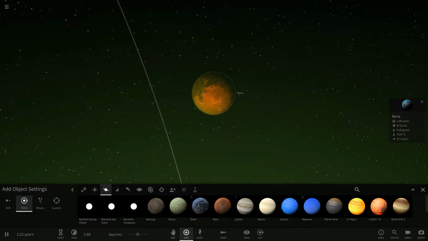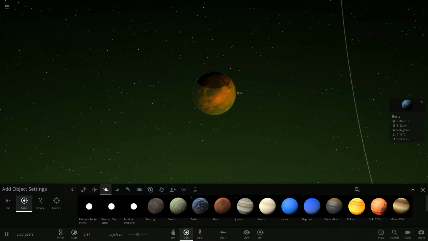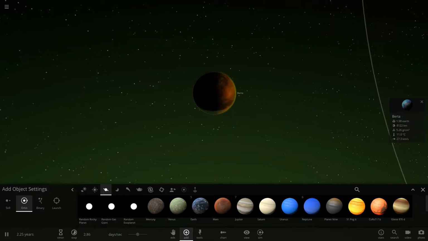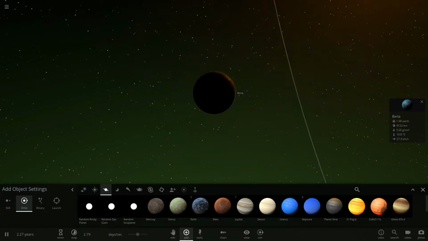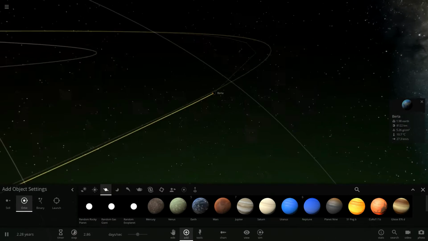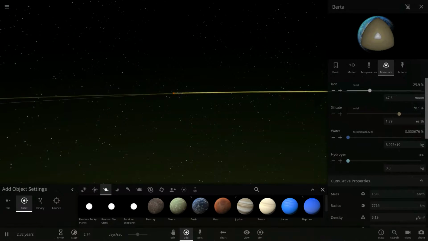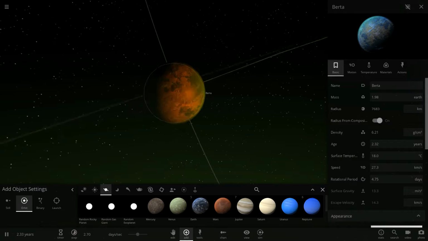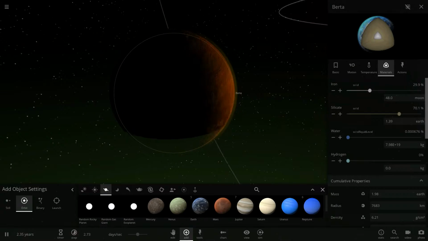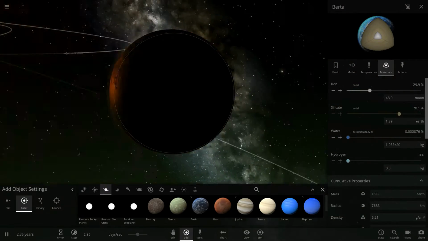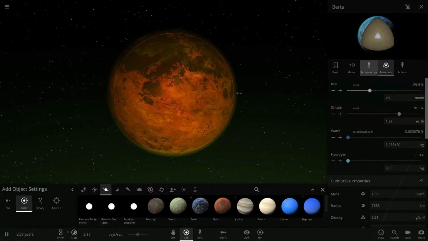get hit more by gamma rays and all that. But yeah. Oh, the water has started to dry up on this planet. Don't want that.